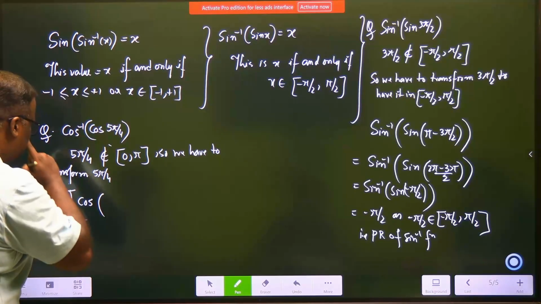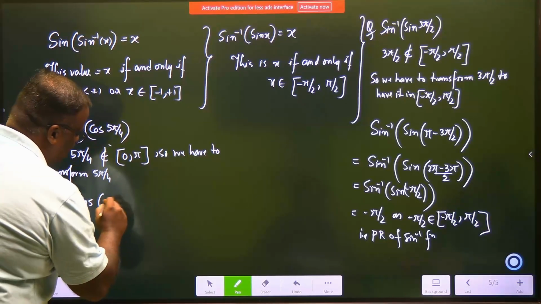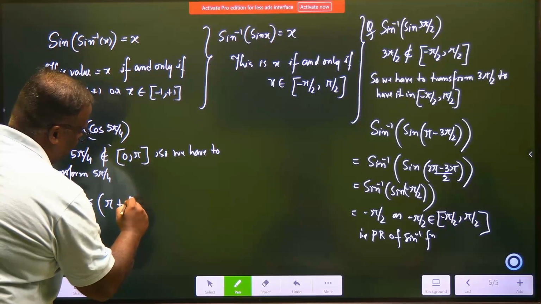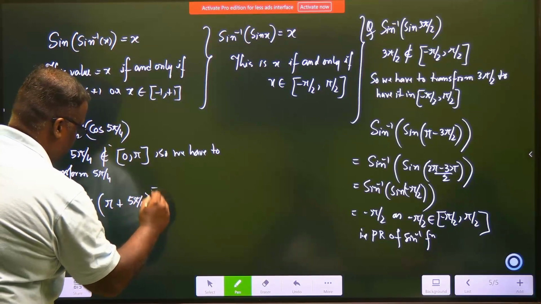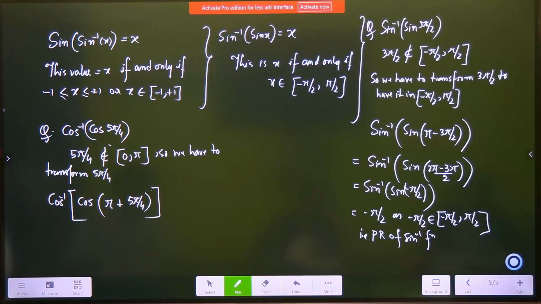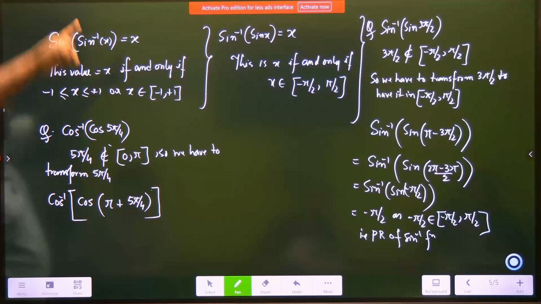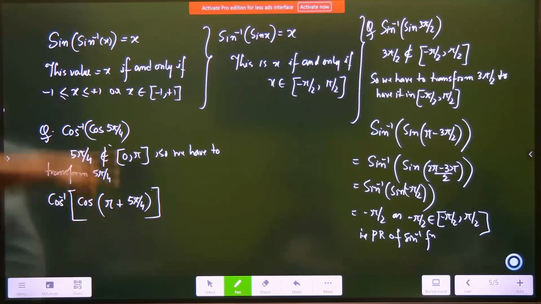Cos inverse of cos of pi plus 5 pi by 4. Very nice observation. 5 pi by 4 means you have pi by 4 extra beyond pi.